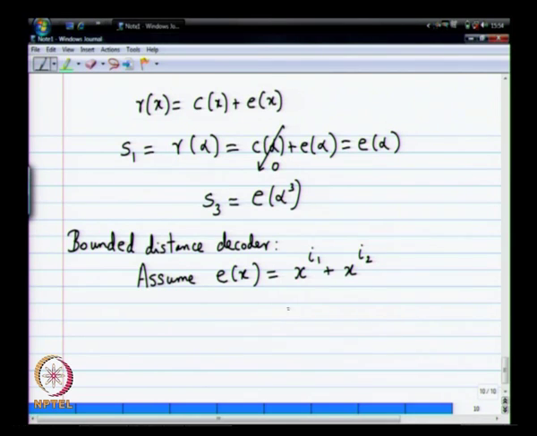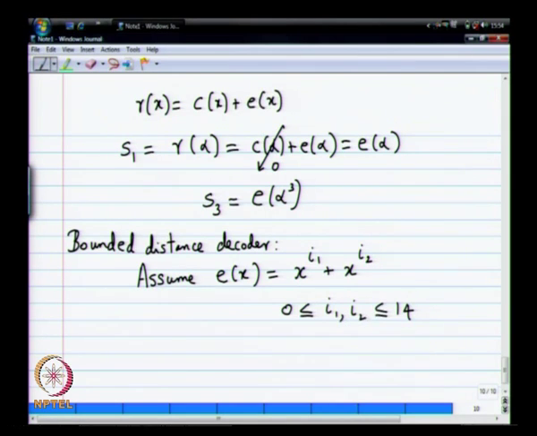Okay, what are these I1 and I2? 0 to 14. Is that okay? So, this is an assumption I can make about E of x.